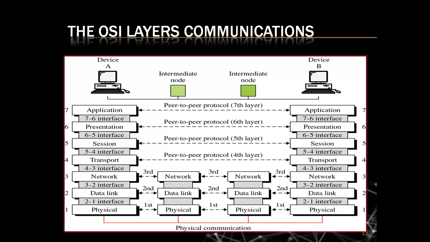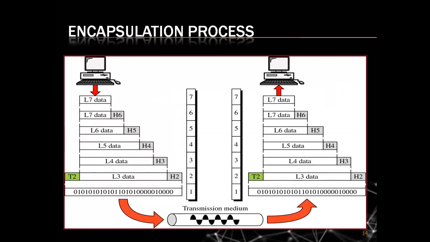Now we will discuss encapsulation. When a user connects via the application layer, the user sends data, and this data goes through layer by layer as the OSI layers say. But each layer adds a header to the data and sends that to the next layer.